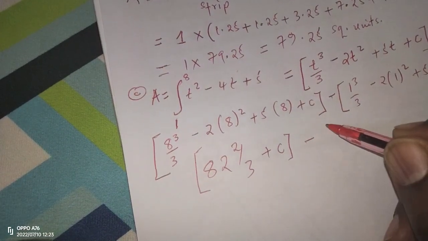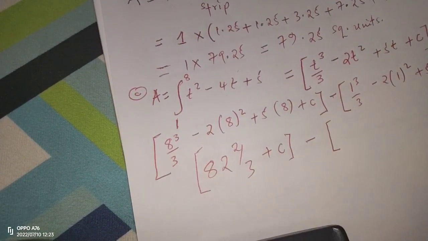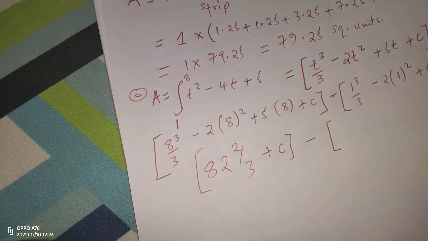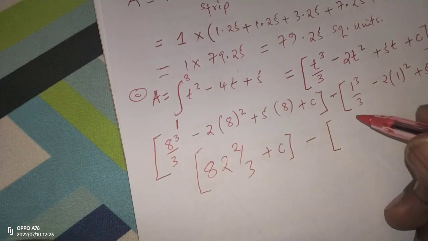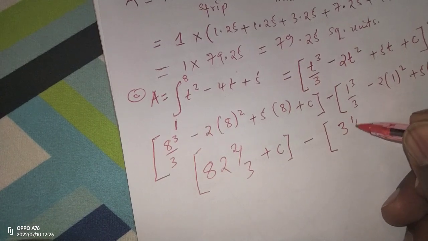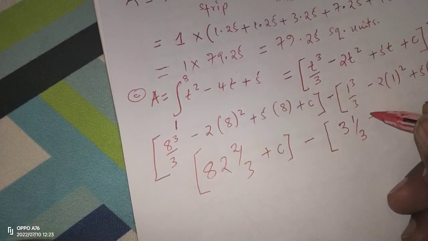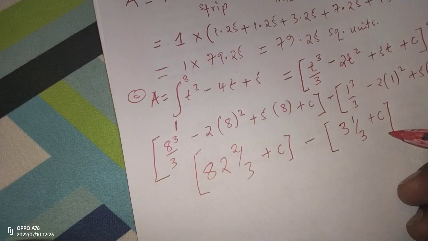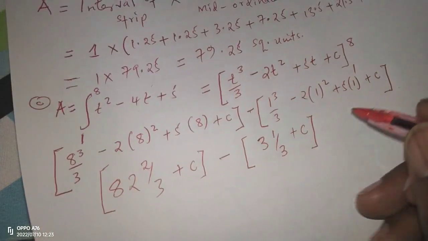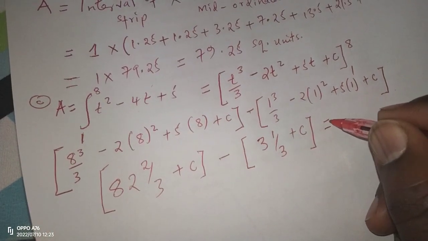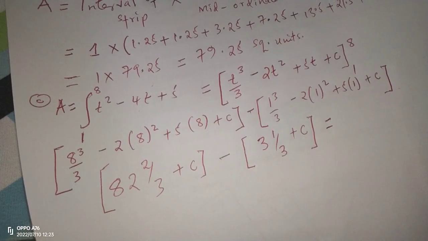For 1 cubed divided by 3 minus 2 into 1 squared plus 5 into 1, this gives us 3 and a third plus the constant of integration. When we subtract, the constants of integration cancel one another because they appear in both cases.